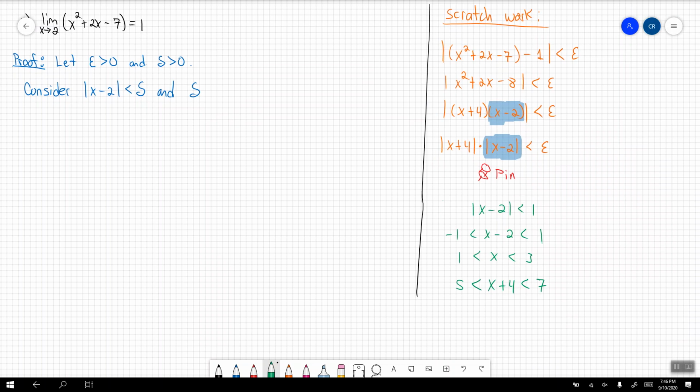Now, which bound do we want? Well, at the end of the day, what we're looking for is to make sure that we're able to bound this value for x plus 4 as tight as we can.